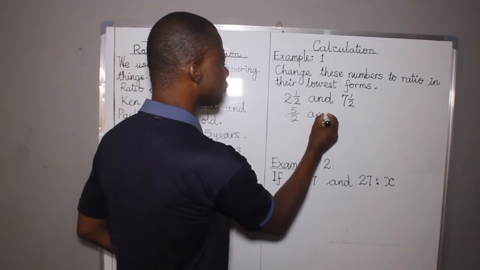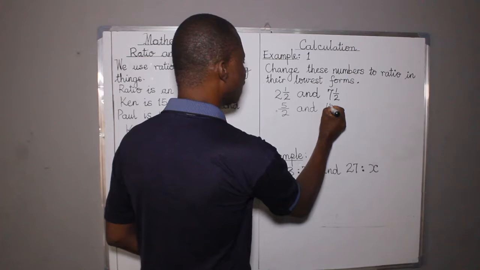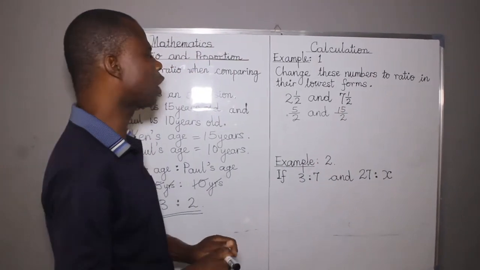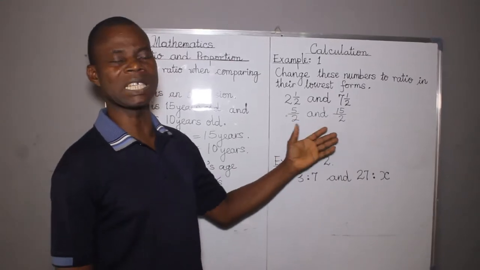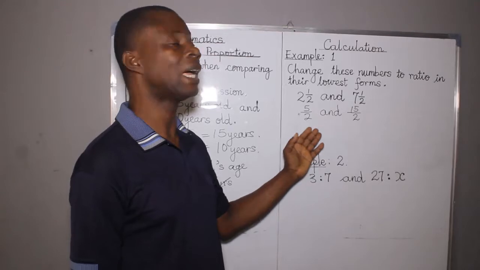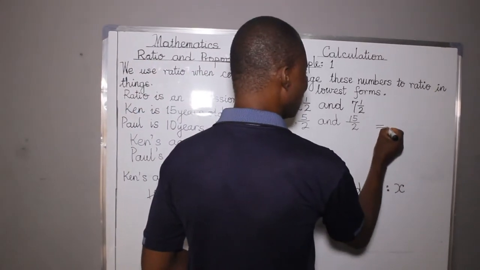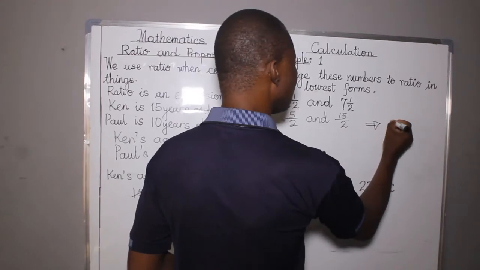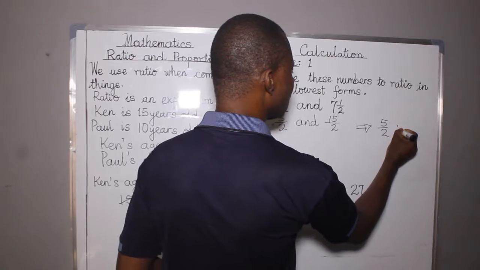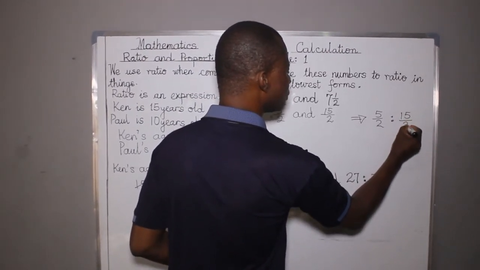And 7 times 2, 14 plus 1, 15 over 2. Now they have a common denominator, and therefore there is no need to look for the LCM. That is, this is the same as 5 over 2 is to 15 over 2.